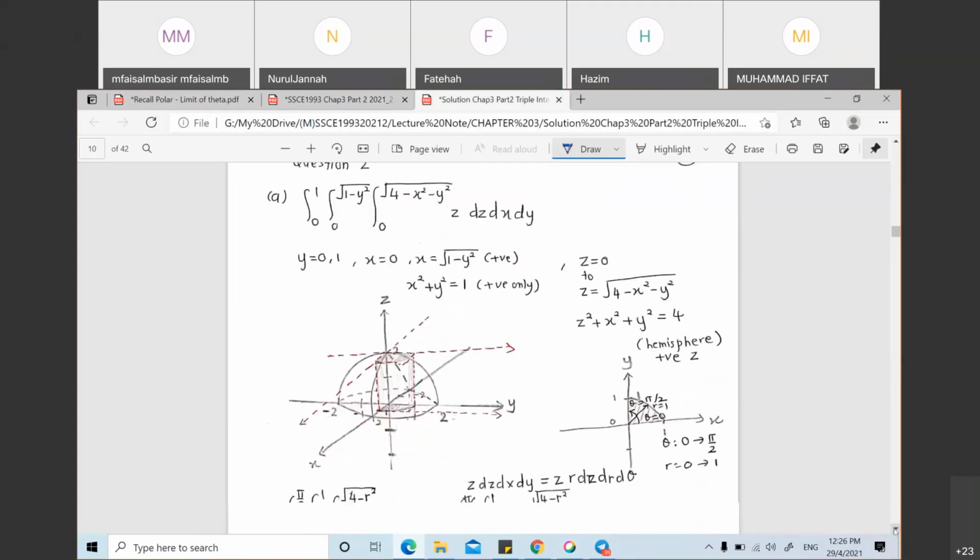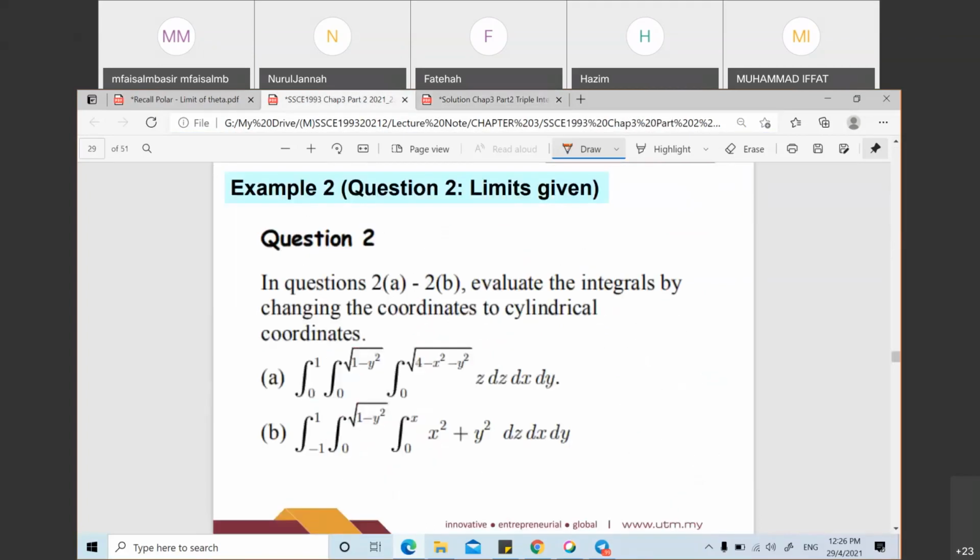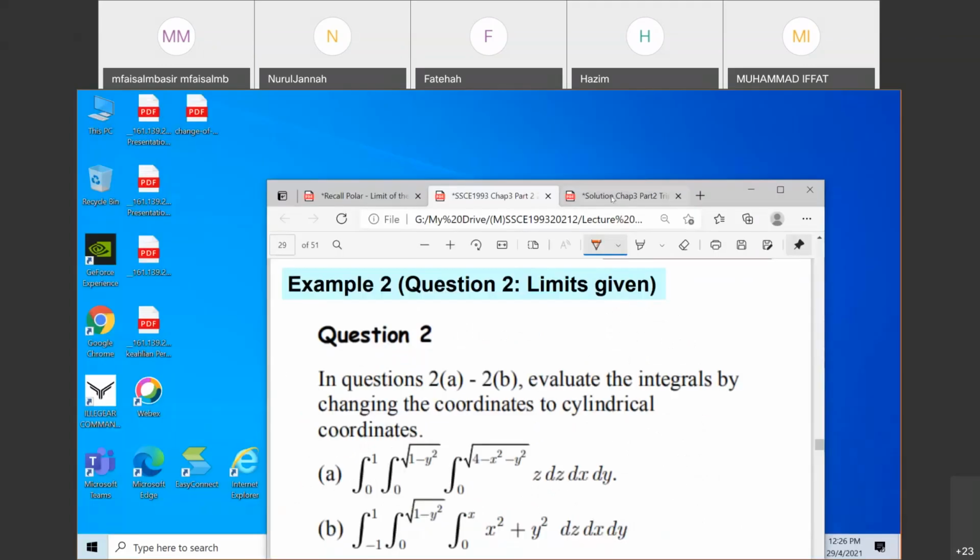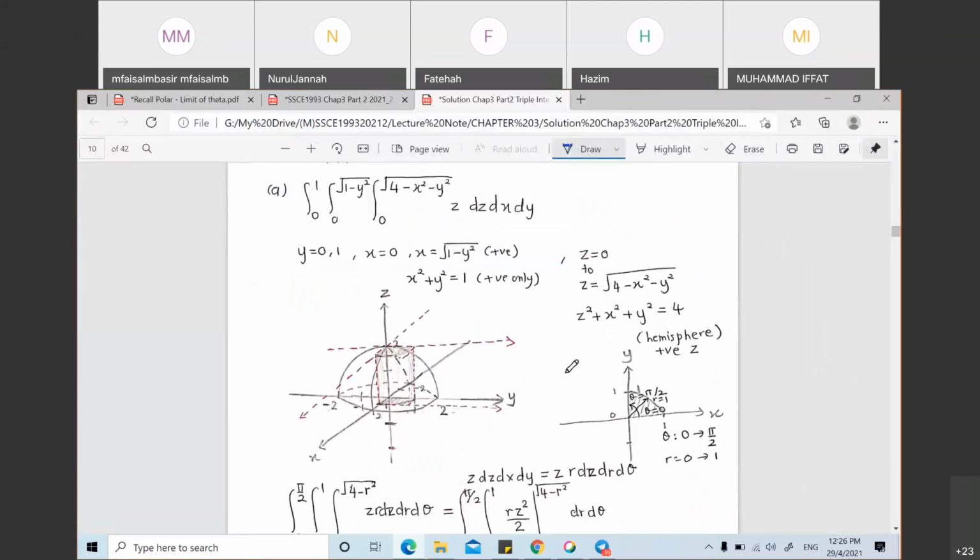To see this, we need the integral 0 to 1, 0 to something, 0 to something. So 0 to something means everything in the first quadrant. That is the key, right? That's why for the intersection between the sphere and the cylinder, we just take the inside one.